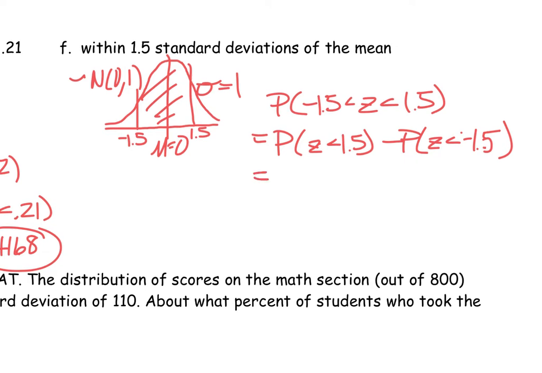Now, if you're noticing, and I don't think we've run into this yet, there is obviously symmetry within this graph, mainly because it is a symmetrical graph. So, let's look here. What is 1.5? That is 0.9332, and negative 1.5 is 0.0668.